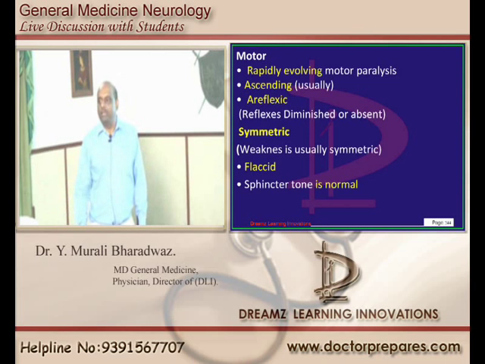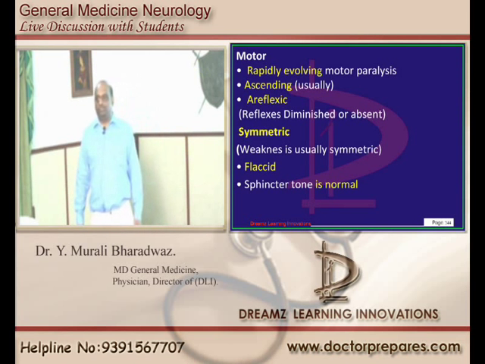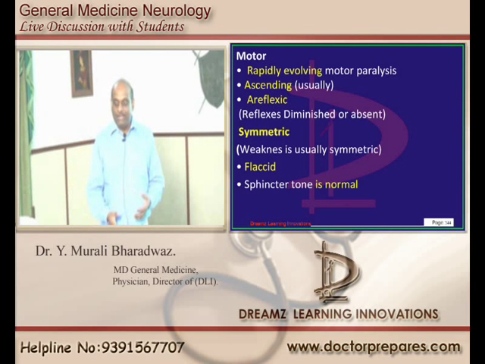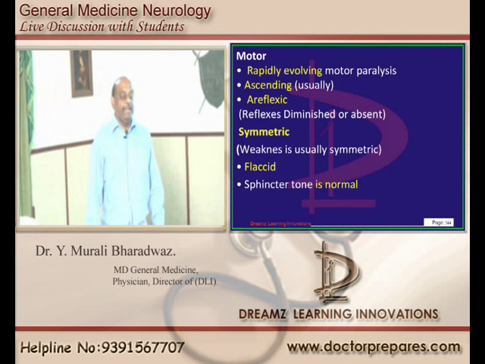Because if the bladder bowel control is gone, who is involved? Spinal cord, the hypogastric plexus is involved. Then it is no more radiculopathy. It is what? Myelopathy. It is not radiculopathy. So therefore sphincter is normal.